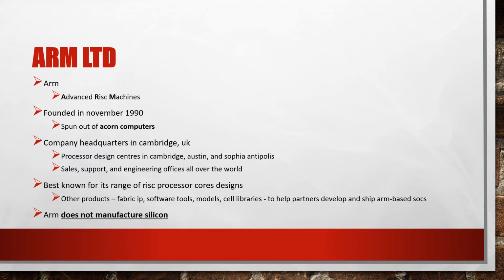As you know, ARM does not manufacture silicon. It doesn't make the silicon like Intel, where all the processors are developed by Intel itself. ARM does not manufacture the silicon, the hardware, the microprocessor itself.